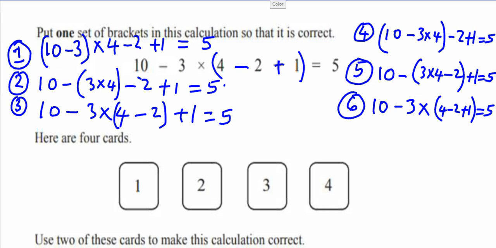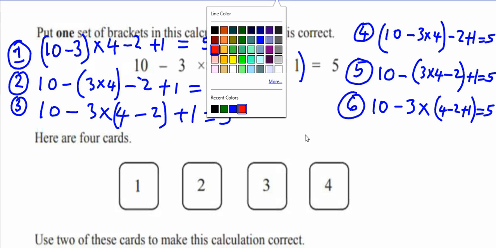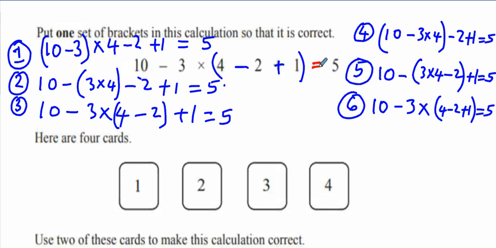Okay, now let me pick which possibility will give us the answer equal to 5. Okay, let us do it. Remember what I said? Use BODMAS rule. Brackets. Those which are in brackets, work them out. So we have in brackets 10 minus 3. 10 minus 3 is 7. 7 times 4 is 28. 28, we have negative 2 plus 1.